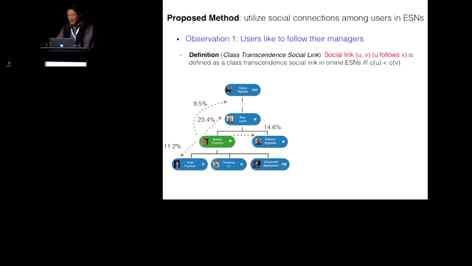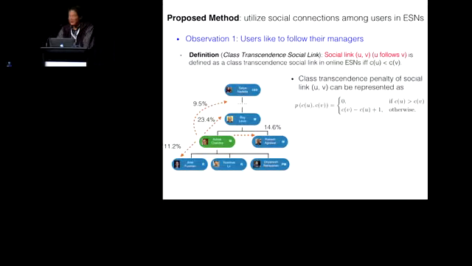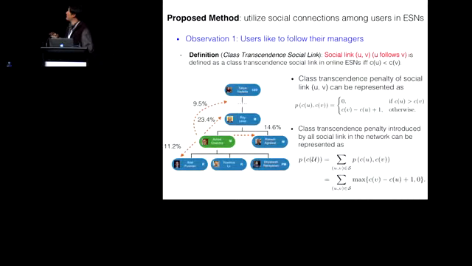So if in the network we observe certain people following others, then we look at their management levels. If the employee follows the manager, then that is fine. Otherwise, there will be a penalty based on the difference in their management levels. So we form an optimization problem and minimize this penalty.